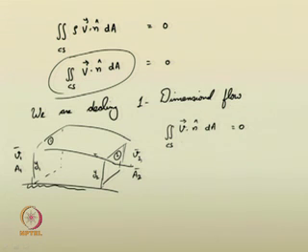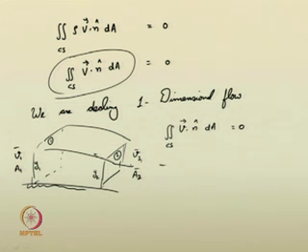You know the outward normal vector for the left hand side is in the negative direction of the x, whereas for section 2, the outward normal vector is in the positive direction. So, V dot N for section 2 is a positive quantity, whereas V dot N for section 1 is a negative quantity.